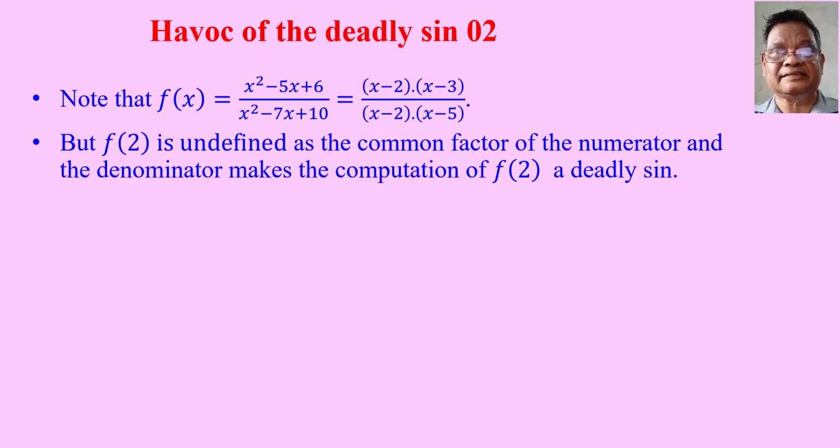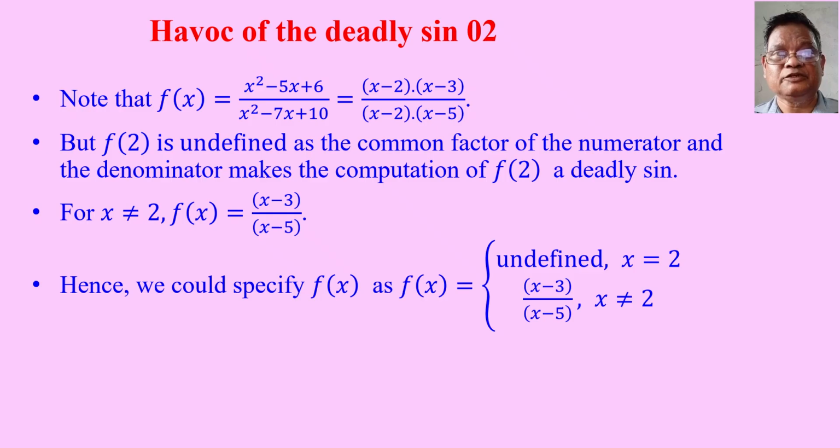For x not equal to 2, f(x) is equal to (x minus 3) divided by (x minus 5). We could specify f(x) as undefined when x equals 2, and when x is not equal to 2, (x minus 3) divided by (x minus 5).